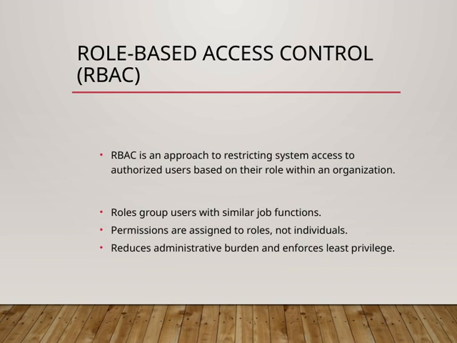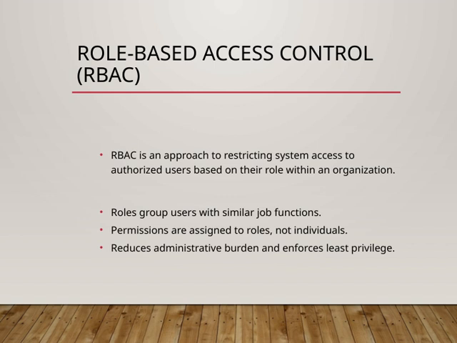What's great about this approach is that it significantly reduces the administrative burden. Instead of managing permissions for each user, you just update the role when needed. And it enforces the principle of least privilege, making sure users only have the access necessary for their work. Overall, RBAC helps us streamline security management and improve control across the organization, which is a key part of our overall security strategy.